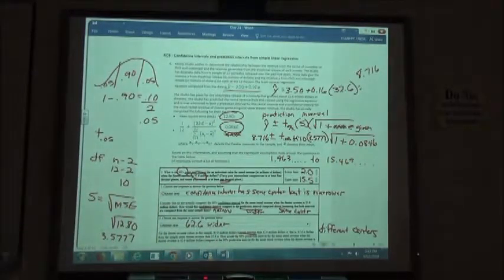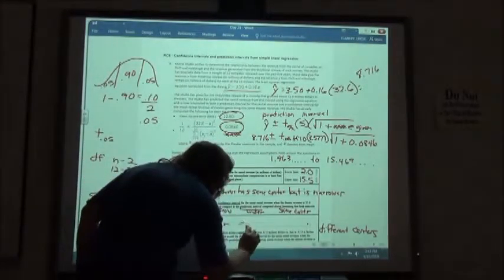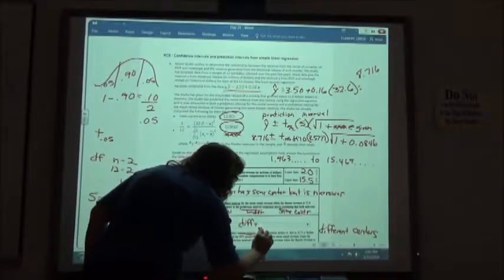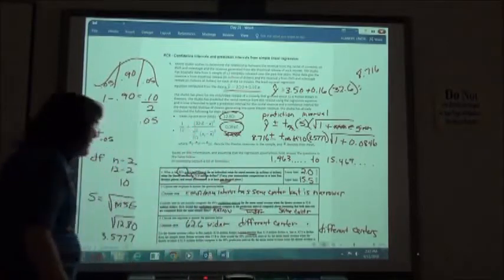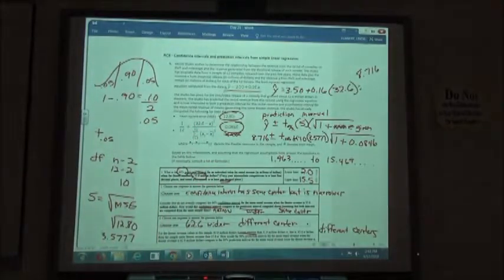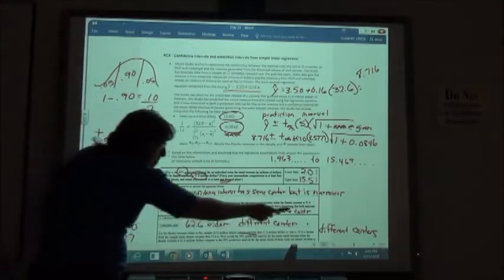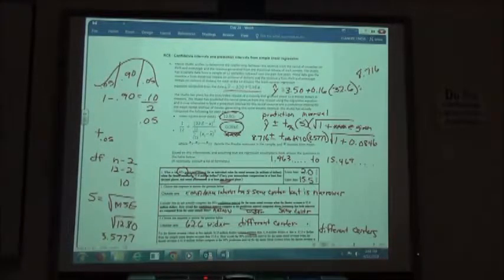And then it's going to have different centers because I compared two different numbers. So it's going to be wider because it's more extreme, and it's going to have different centers because I'm comparing 62.6 to 32.6, and I'm comparing two different values. Whereas up here I was comparing with the same 32.6, that's why they had the same center.